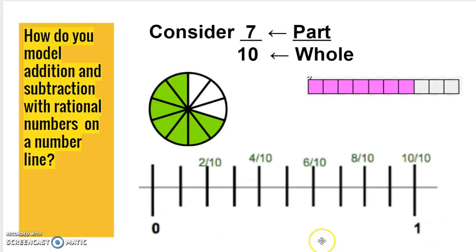That's me dividing up my whole into 10. Look, 1, 2, 3, 4, 5, 6, 7, 8, 9, 10. 10 pieces. And then 7/10 would mean that I have 7 of those shaded, or you can move 7 spaces on the number line because my whole is broken up into tenths.